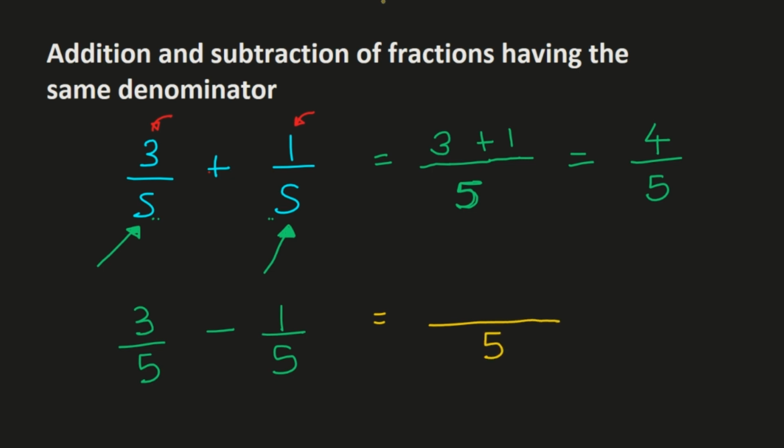The reason is this question is formed with two fractions and both of them have their denominator as 5. So the answer's denominator also should be 5. Then what? Then we are moving into the numerator part. It's 3 minus 1. So you can simply write 3 minus 1. The answer is 3 minus 1, it's 2. The answer is 2 upon 5.